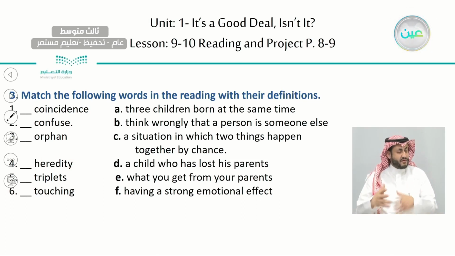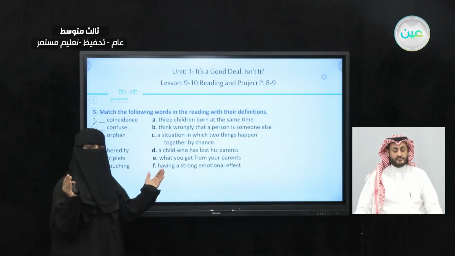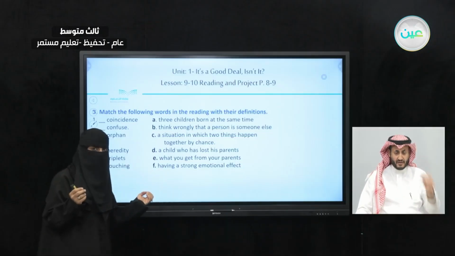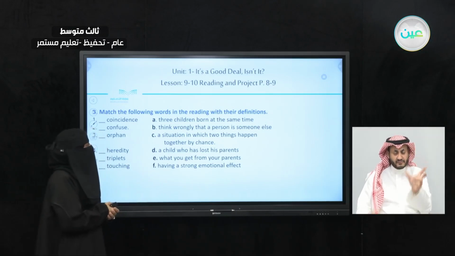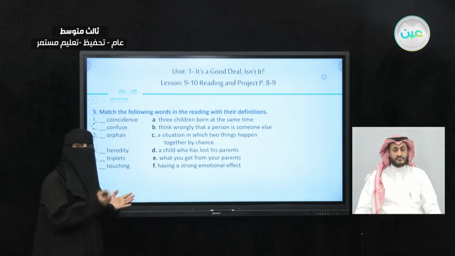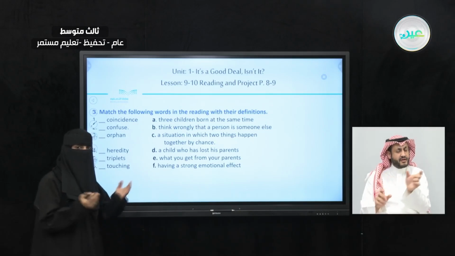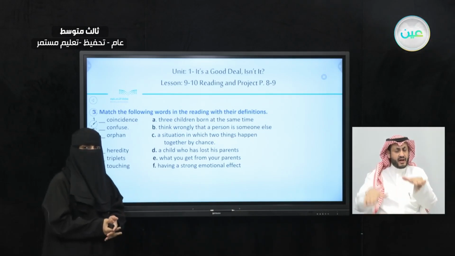What does it mean? Triplets. Touching. Okay, what do these words mean? Please, when you are choosing the meaning, refer to the reading. So you have to see the word in the middle of the sentence to see the real meaning of the word, okay? Pause the video, think about it, choose the correct answers, and then compare your answer with your friends.